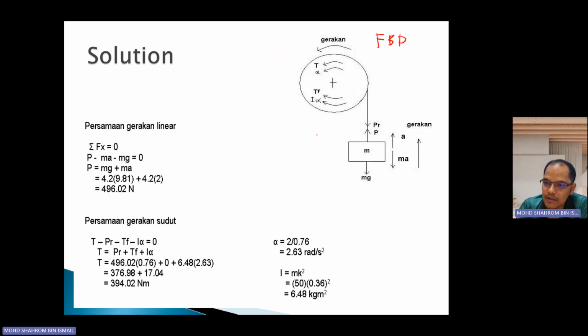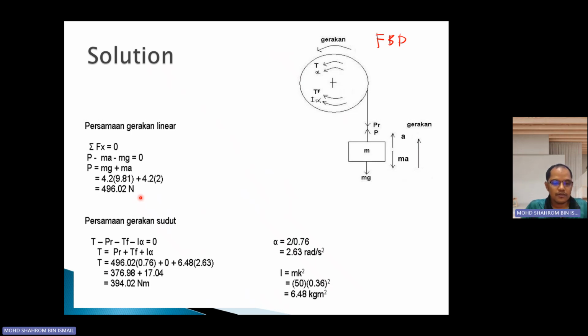I really encourage you to put some notes around the free body diagram sketch. So again, this is how we solve the problem. As I mentioned previously, you solve the linear motion first, and then proceed with the angular motion.